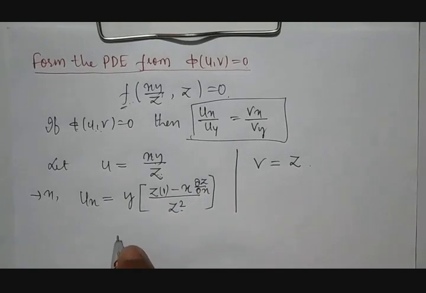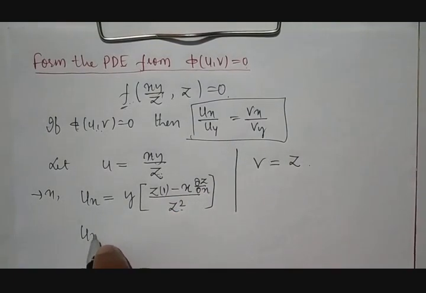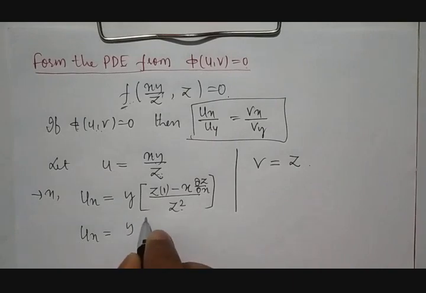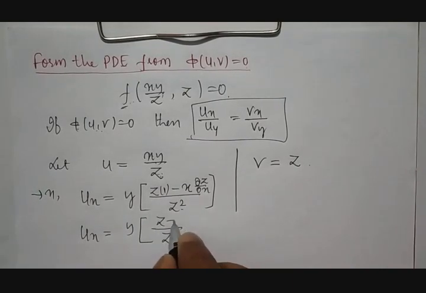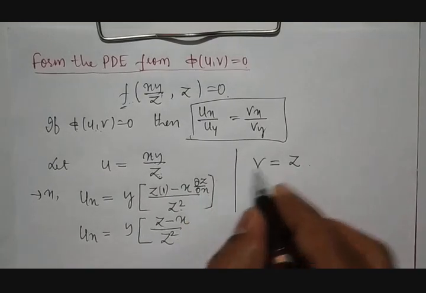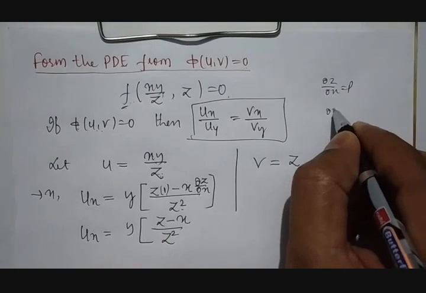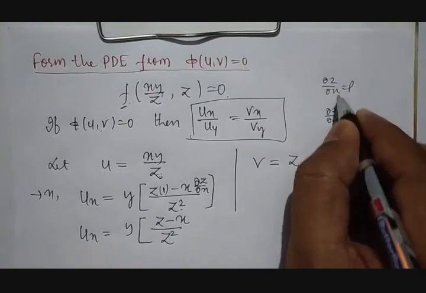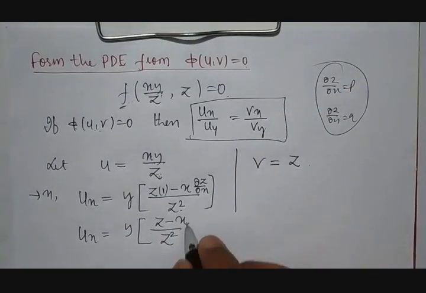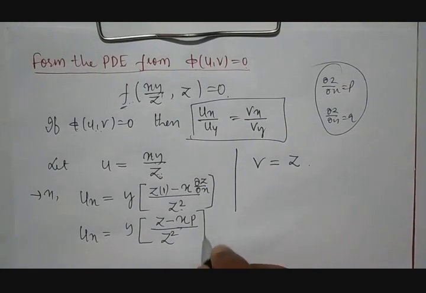Therefore ux is equal to y into, over z square, z minus x into, we know the notation dou z by dou x is equal to p and dou z by dou y is equal to q. Therefore, as per the notation, it is p.